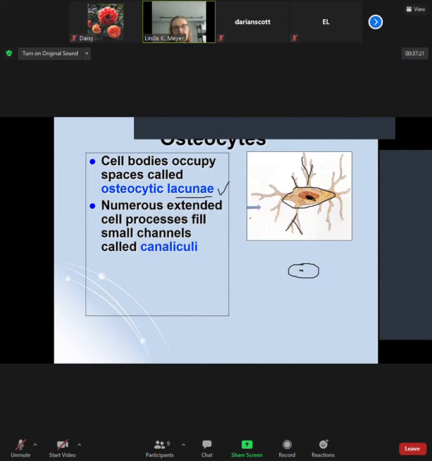Now, in addition, the cell processes are also not mineralized, so channels are created around the lacuna, and those channels occupied by the cell processes are called canaliculi.